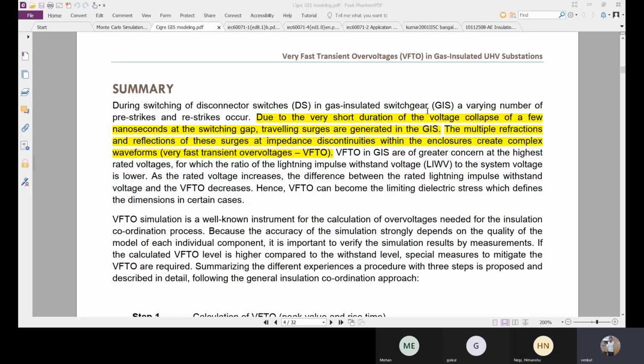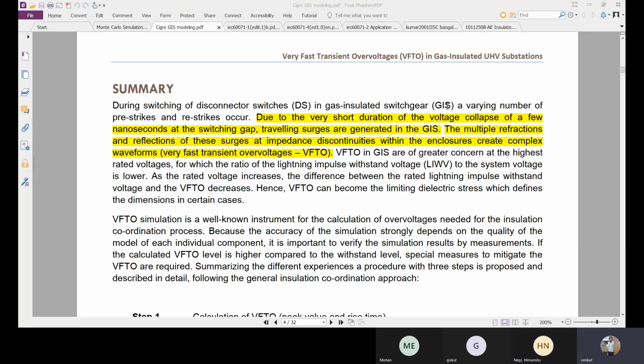At that time the voltage collapse will happen between the contacts. We have two contacts: on one side we have a source, and on the other side we don't have anything, so there will be a potential difference. Then a pre-strike and restrike will happen within a few nanoseconds.